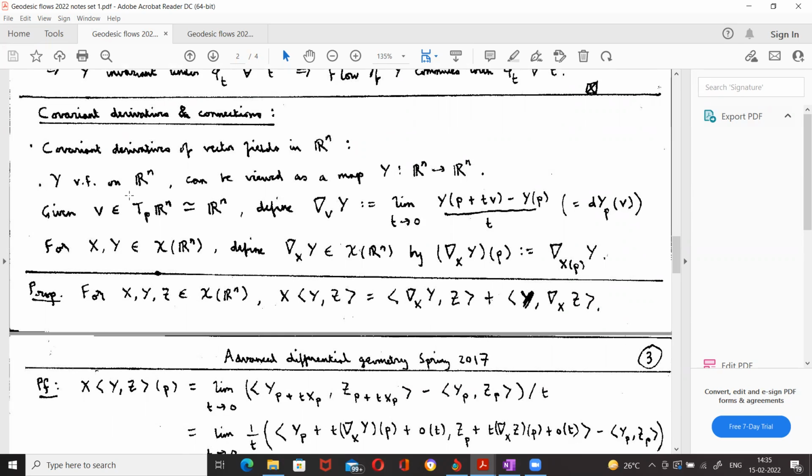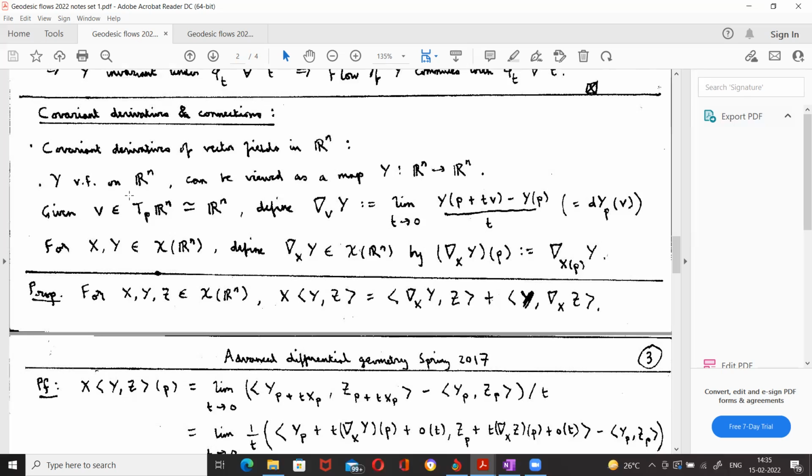When I say covariant derivative of a vector field, the point is that if I look at a vector field on a manifold, then at different points the values of the vector field lie in different tangent spaces, which are different vector spaces, right? So it doesn't make sense a priori to define the derivative of a vector field along a curve.